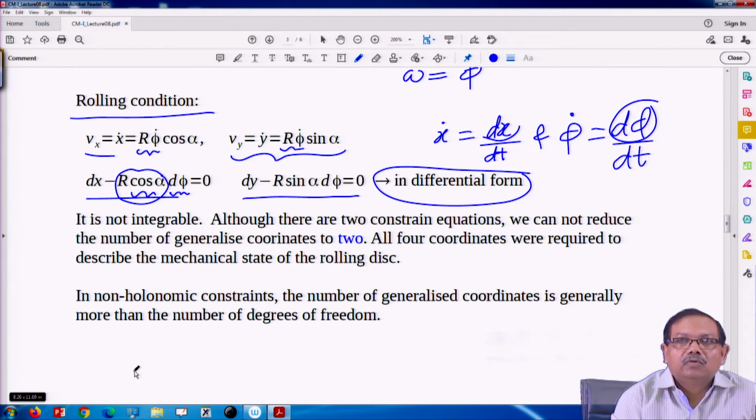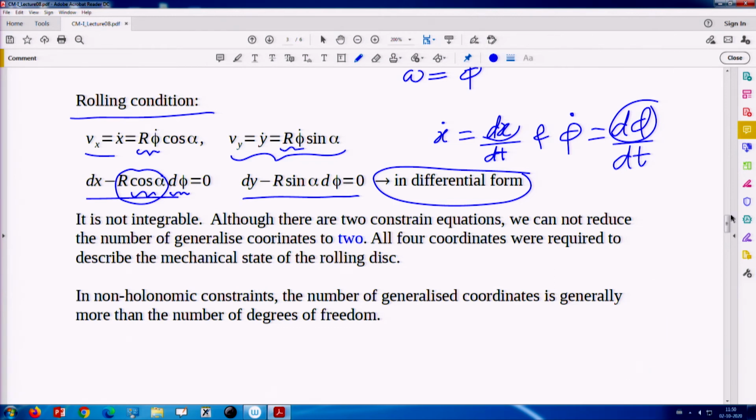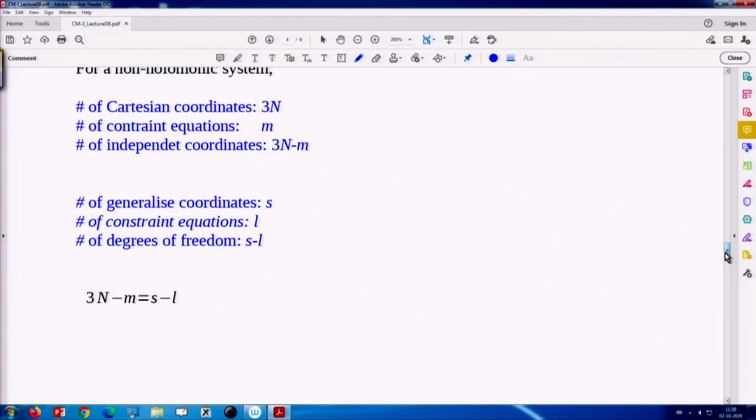We require 4 coordinates. So, this is a system where the number of generalized coordinates is more than the number of degrees of freedom. So, this is a special case of non-holonomic constraints. So, in non-holonomic constraints, the number of generalized coordinates is generally more than the number of degrees of freedom. Okay.